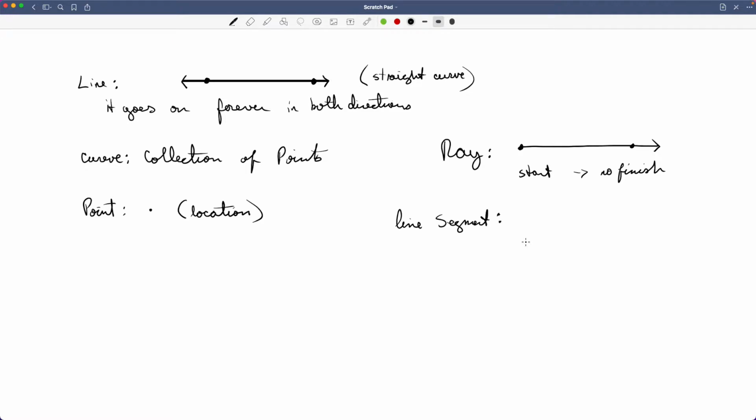A line segment is a line that has a definite beginning and a definite ending. So it is a portion of a line between 2 points.